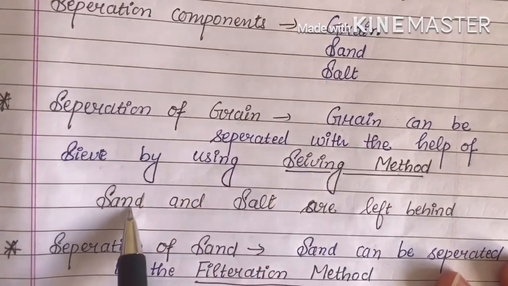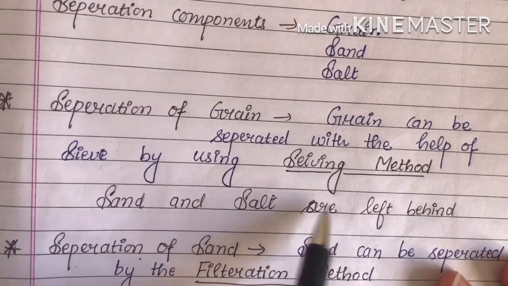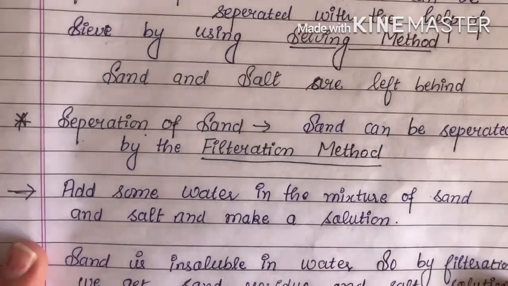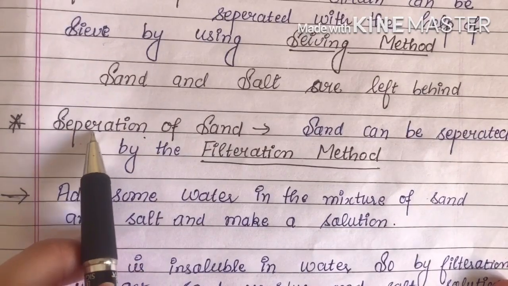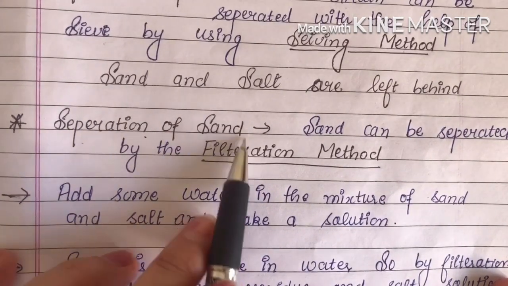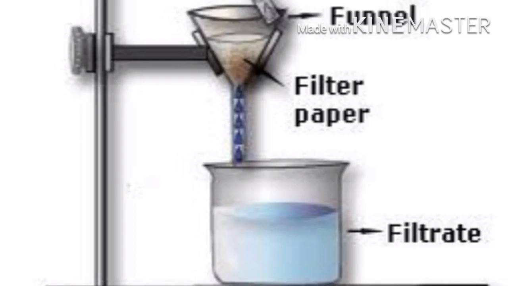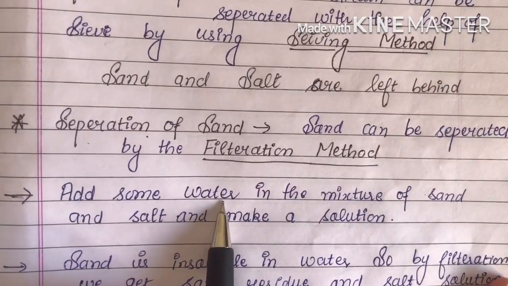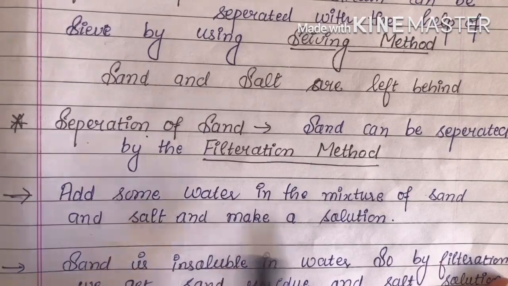Now the sand and salt are left behind. The second method that we use is separation of sand by the filtration method. For this, you add some water to the mixture of sand and salt and make a solution.